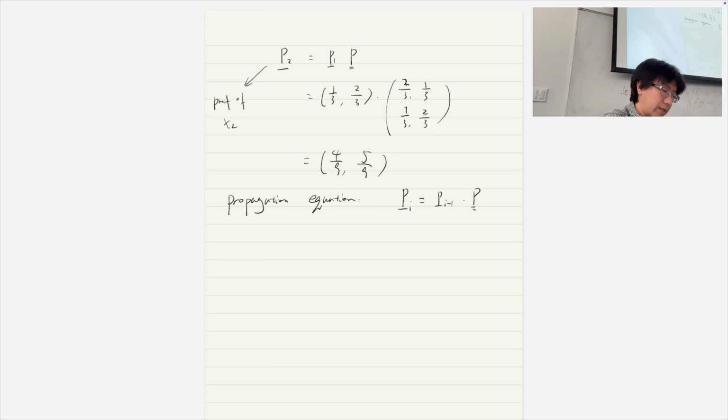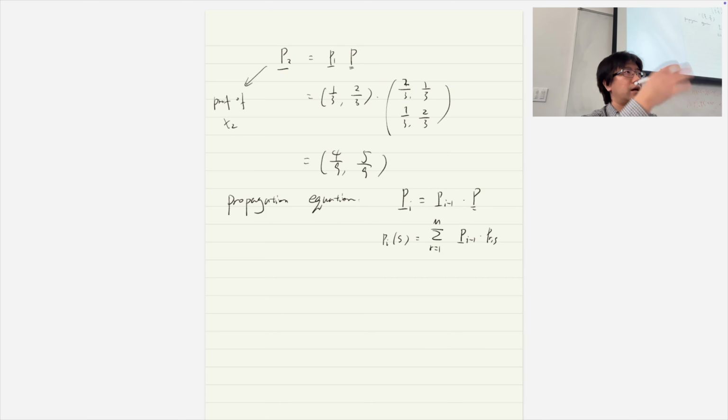Okay, and if we want to write it out, for each element, we use s to denote the element of pi. So each element is nothing but this, right? We use this minus 1 multiplied by P_RS, and then we sum over R here.